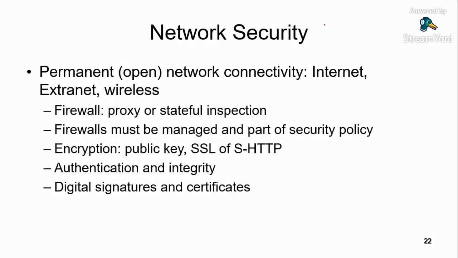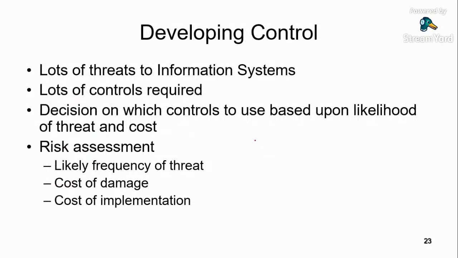Then network and premises security: implement firewalls, encryption mechanisms, digital signatures and access mechanisms. For example, banks always use secure HTTP and proper encryption mechanisms to increase network security. Finally, these processes are there for developing and deploying controls.